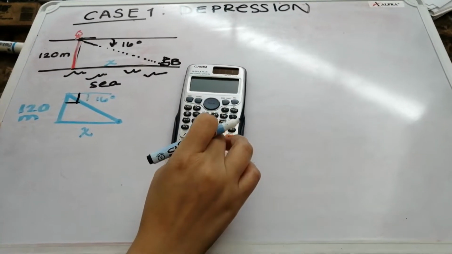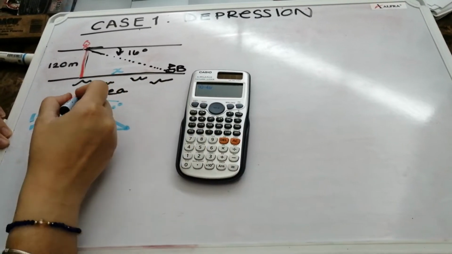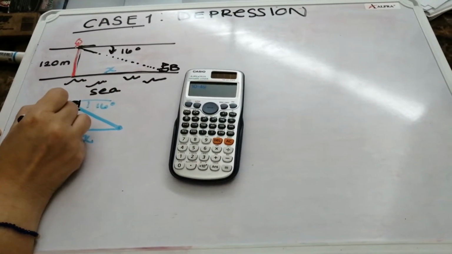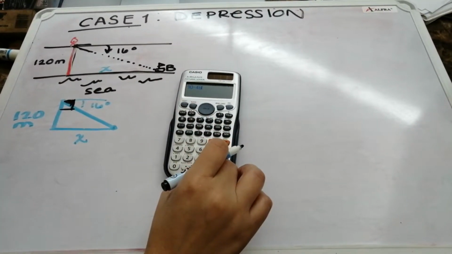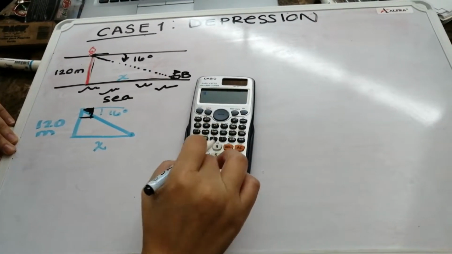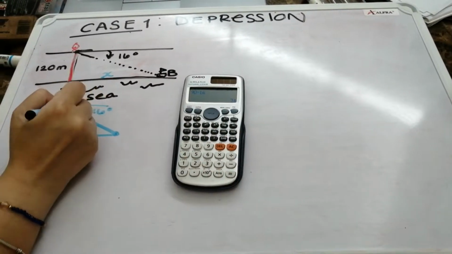If from 90 degrees I subtract 16, which is this angle right here, I get that this angle will be 74 degrees.